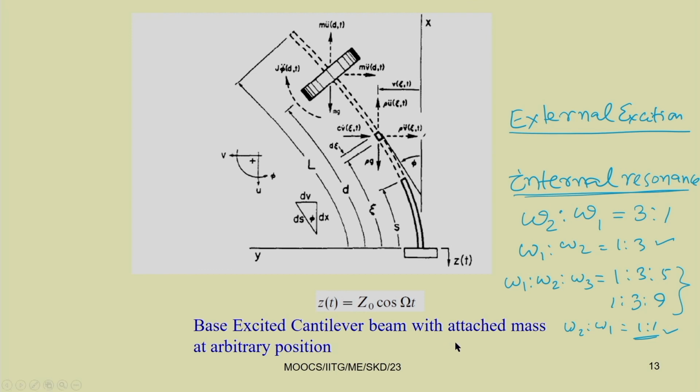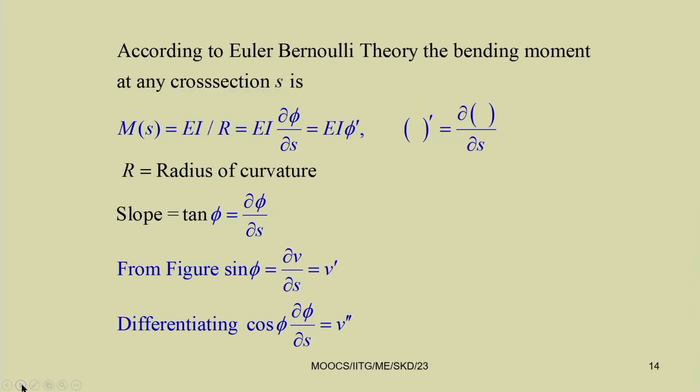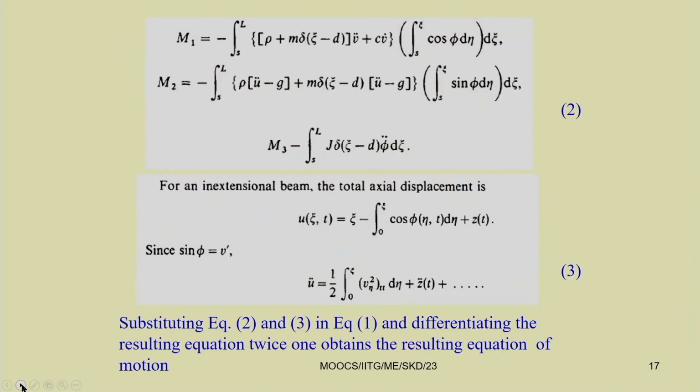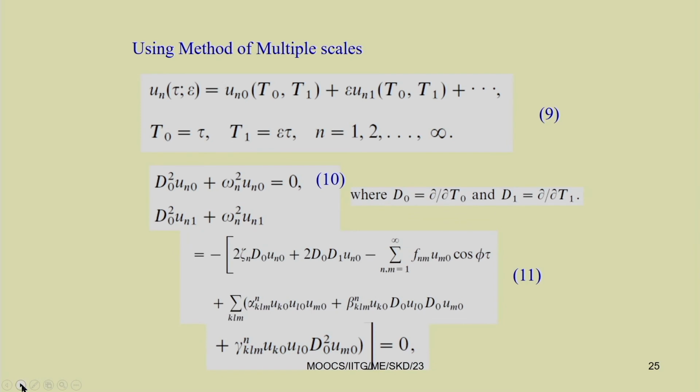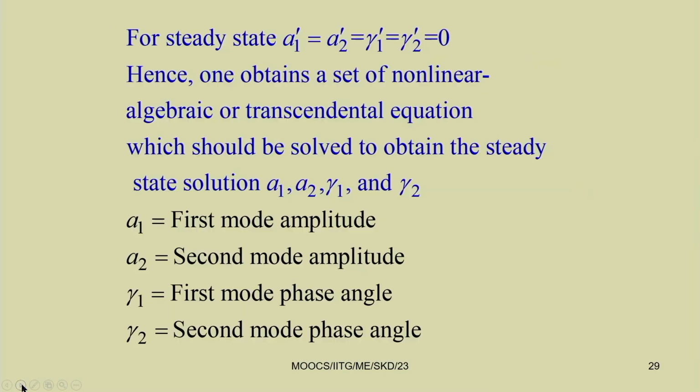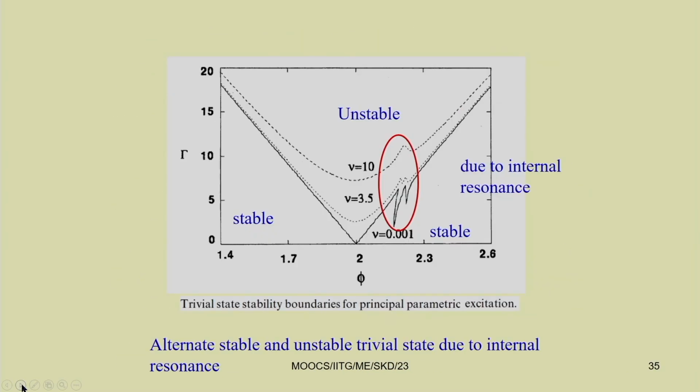In this base excited system, which we studied last class, we can observe many different types of bifurcations. For example, in these principal parametric resonance conditions, we have seen the parametric instability region where these additional kinks are observed due to the presence of internal resonance. Otherwise, you can have only one loop.